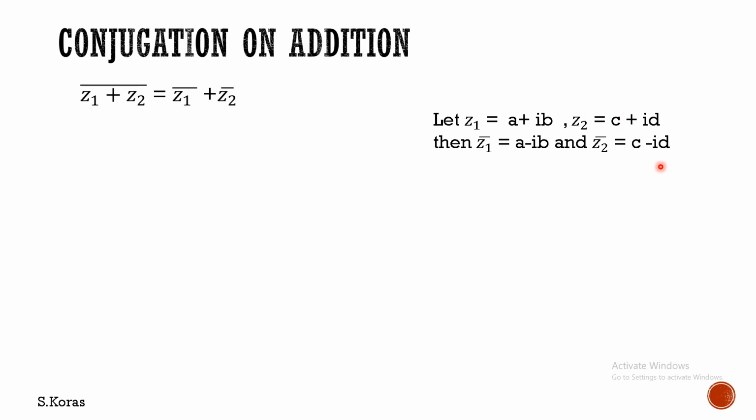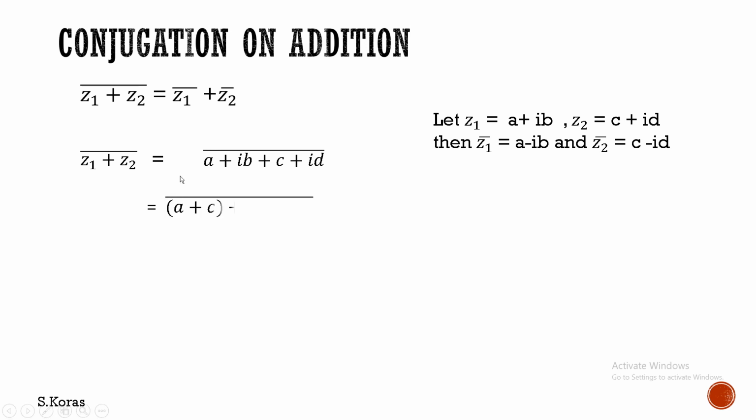Let's take the left hand side, that is z1 plus z2 the whole bar. For z1, let's write a plus ib. For z2, let's write c plus id, that is a plus ib plus c plus id. So let us do one thing: let's make the real part together and the imaginary part together.